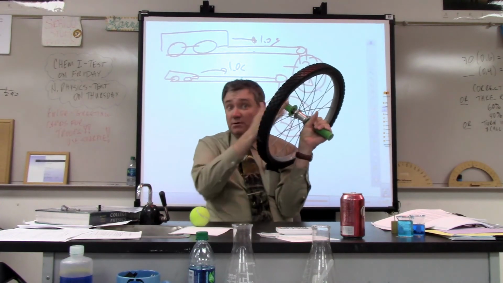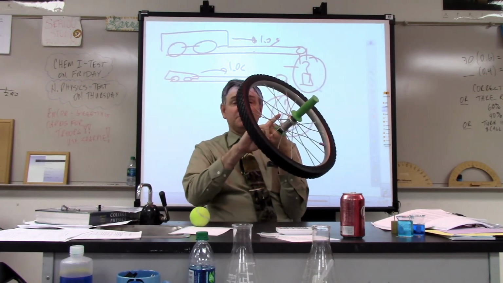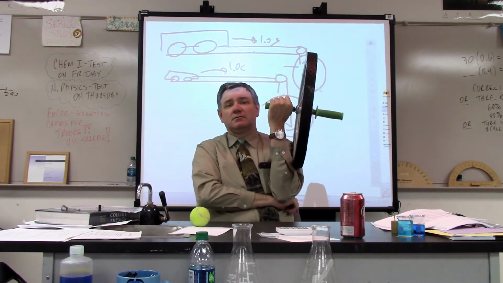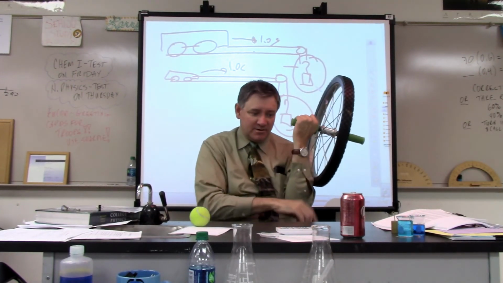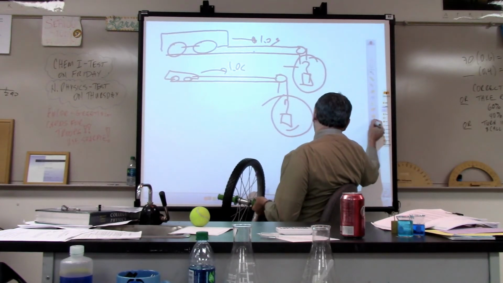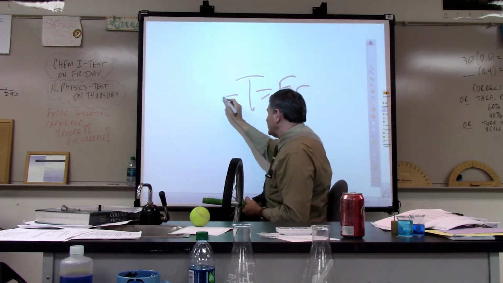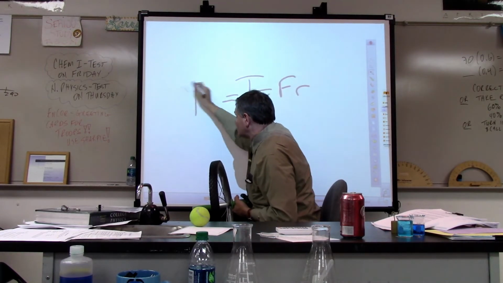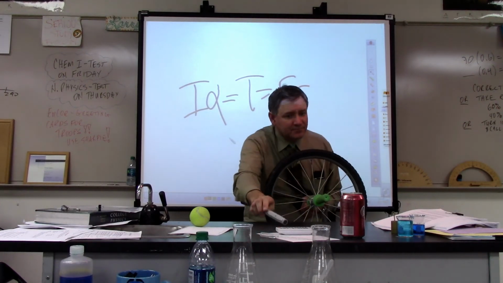The radius of the wheel? Or the radius of where I apply the force? The radius of where I apply the force. That's torque, right? Because remember, torque equals two things. What does torque equal? Fr and it equals I alpha.